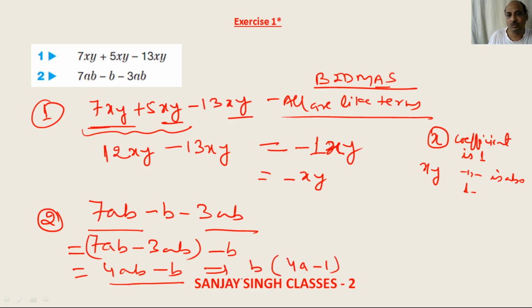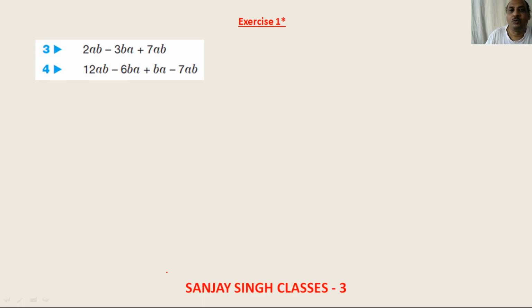You can see that b into 4a will give you 4ab, minus b into 1, it will become b. That can be done, this is multiplication. But further operation of subtraction is not possible between unlike terms.